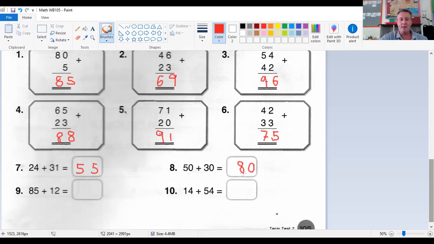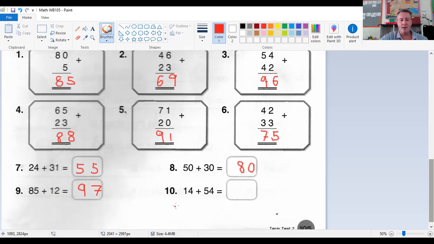And our number is 80. Last two. 2 plus 5 is 7. And 8 plus 1 is 9. Number is 97.